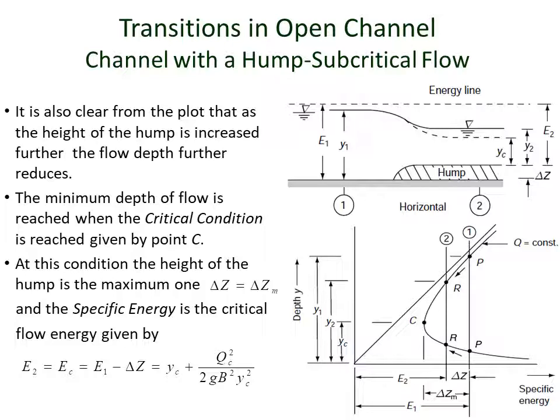So we call the maximum height of the hump at which the flow reaches the critical condition delta Zm, as also shown in the specific energy diagram.